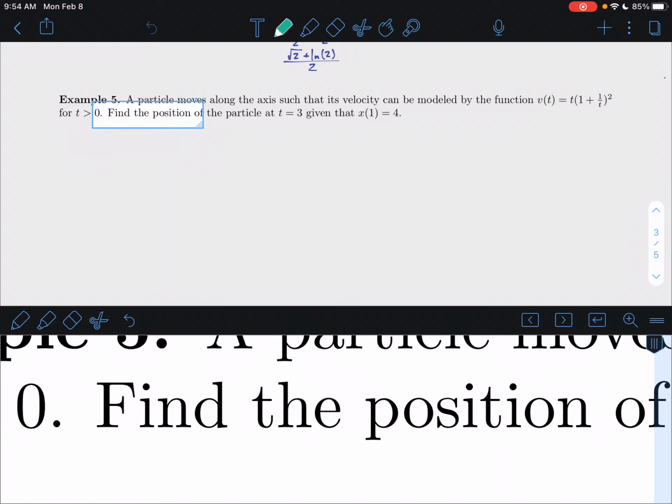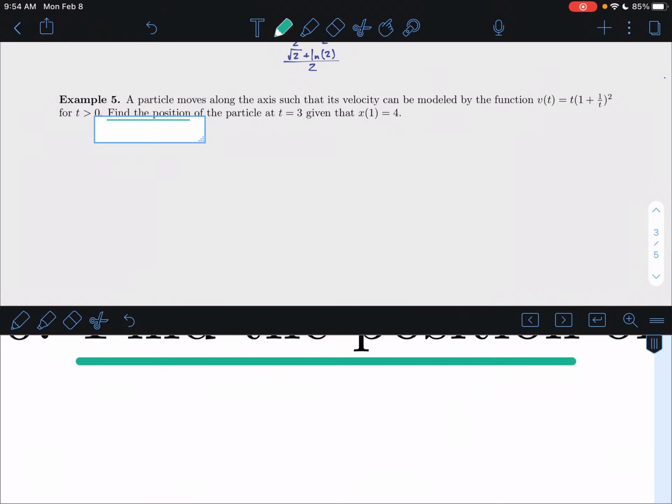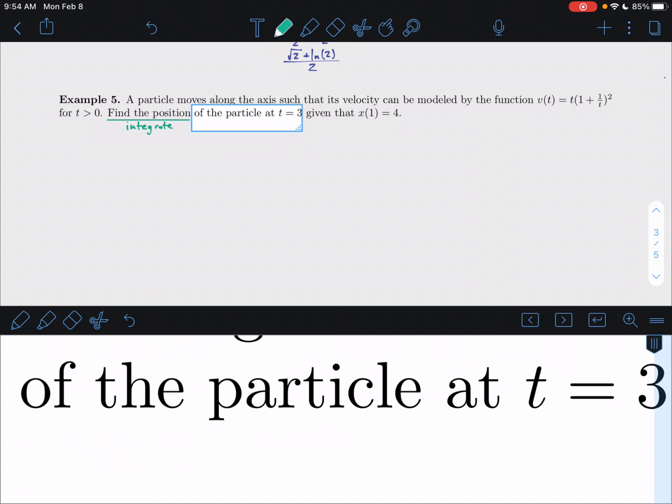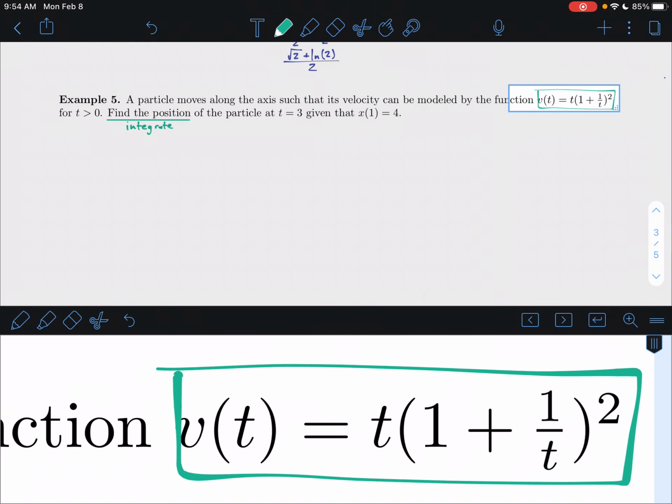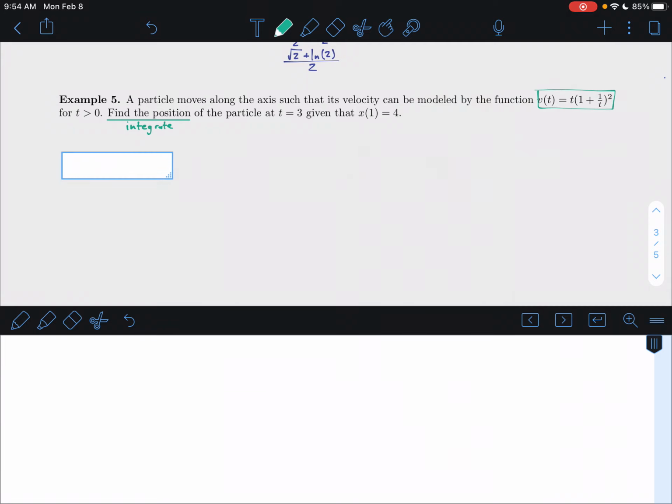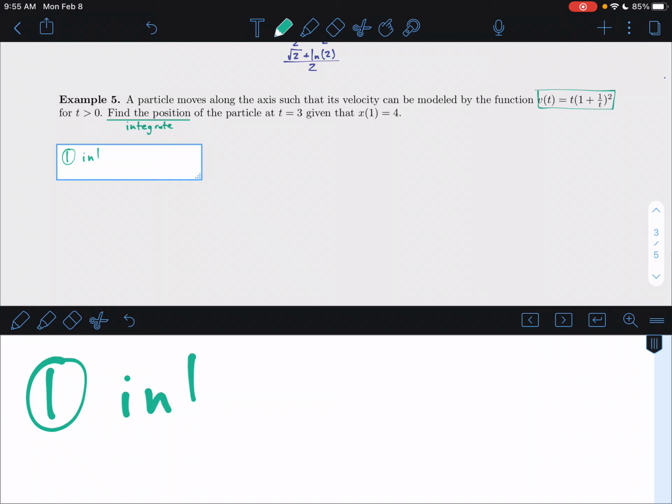But if we're finding a position, what we want to do here is integrate. So I'm integrating this, really. This is v of t. There's a couple ways we could do this. And I think the way that a lot of you guys would do it is to take the indefinite integral.